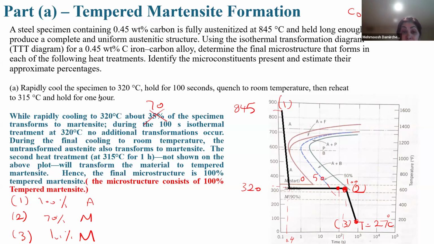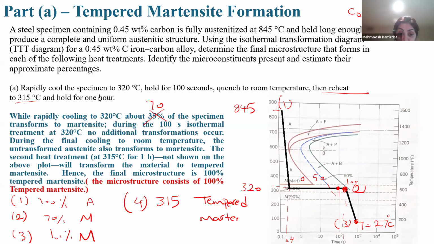But it says that after quenching to room temperature, we then reheat to 315 and hold for 1 hour. So we have another stage that you cannot see in the TTT diagram. Why? Because this heat treatment is not shown here; the diagram is for cooling rate. If we increase the temperature to 315, for example for 1 hour or 2 hours, we have tempered martensite.